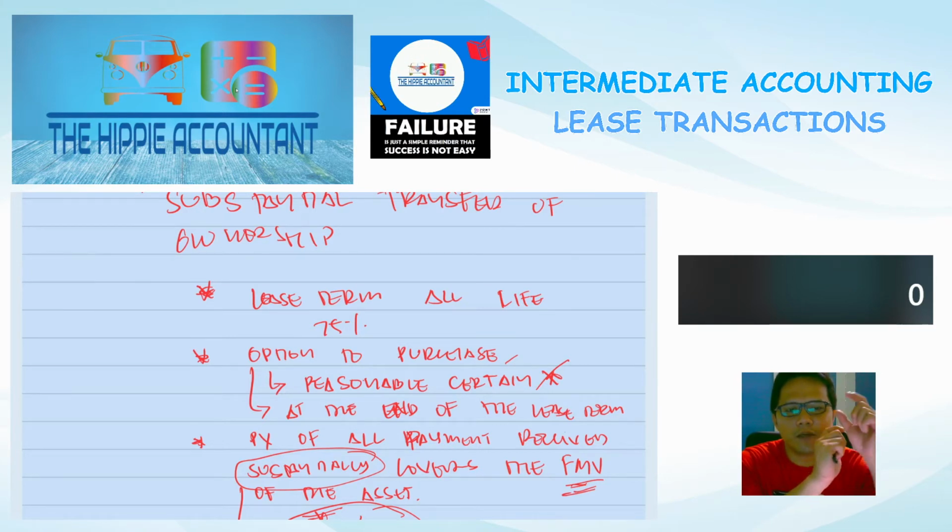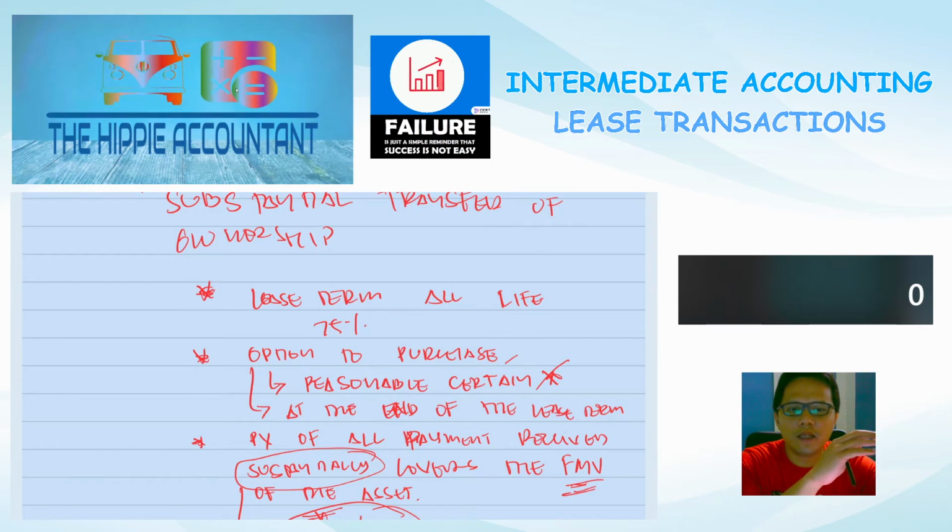Yan lang yung kumbaga keyword natin dyan. Substantial transfer of ownership in substance rather than in form. But of course, kung in form, meron talaga sa agreement na there is a transfer of ownership, then that is obviously a finance lease.